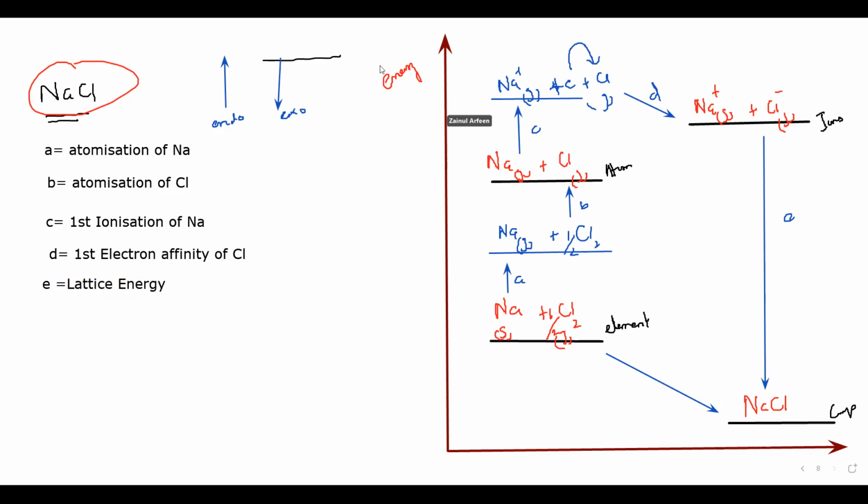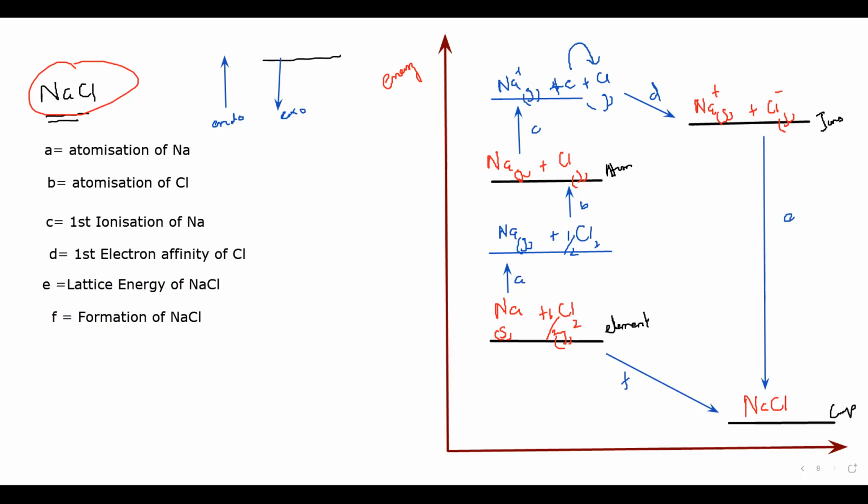And when the elements form a compound, that is called label F. When the elements are forming a compound, we call that energy the formation of NaCl. When the elements form the compound, that's called formation. When ions form the compound, that's called lattice energy. So the NaCl lattice energy is E, and the formation is F.